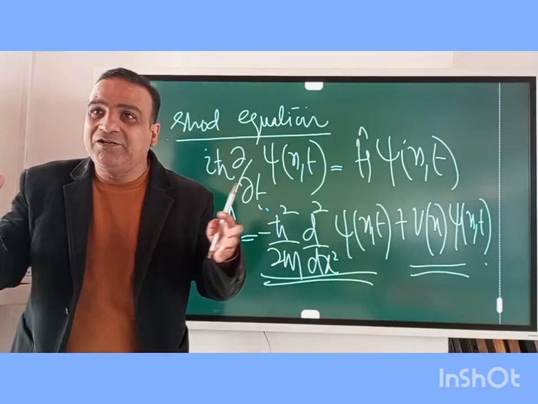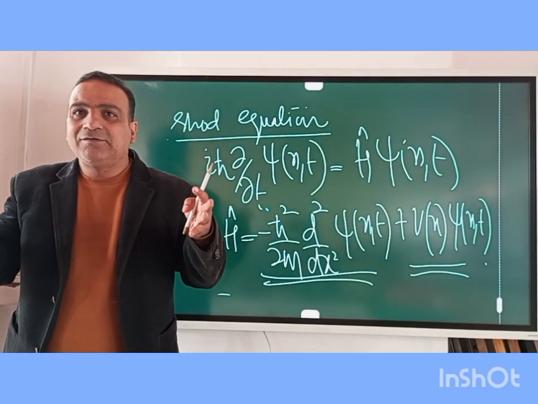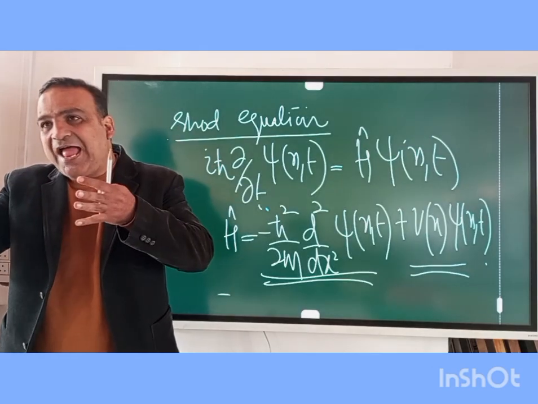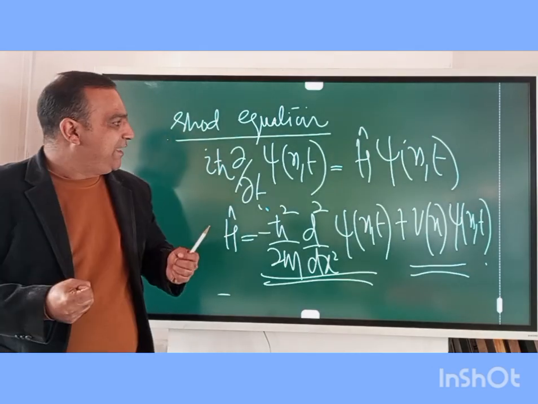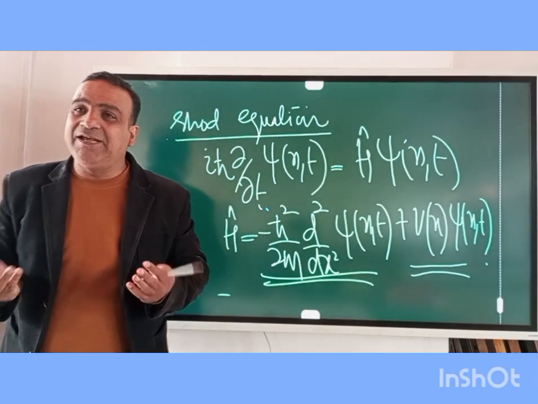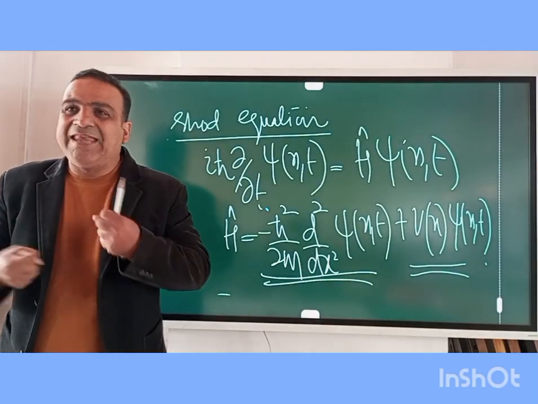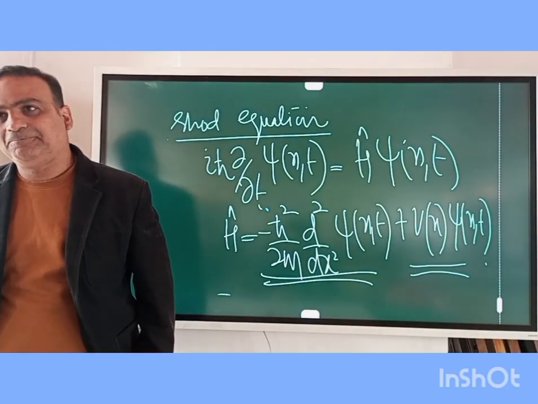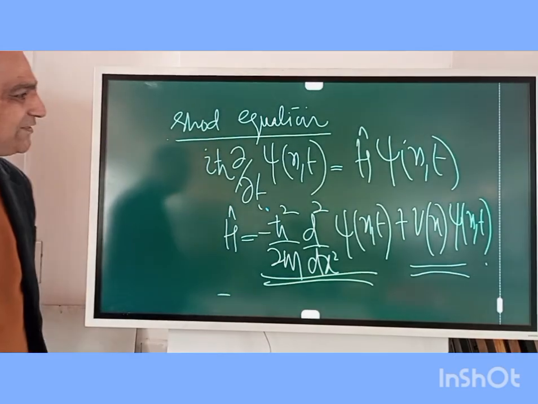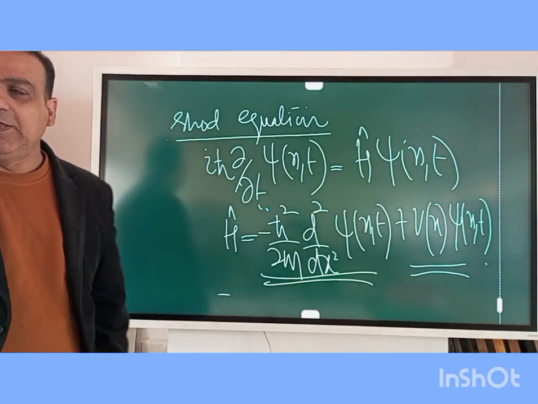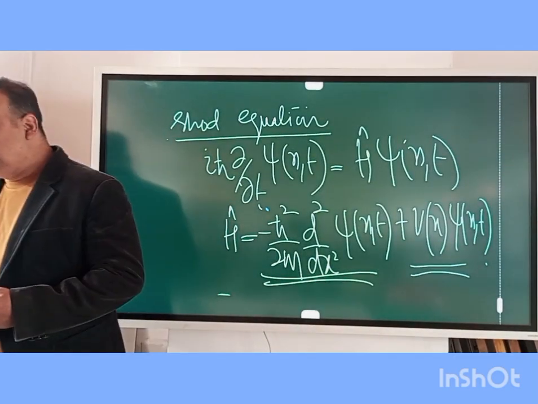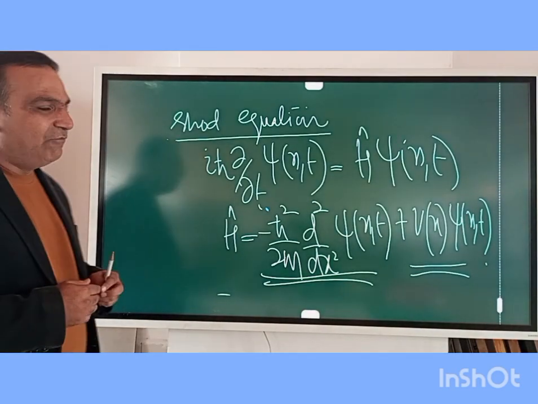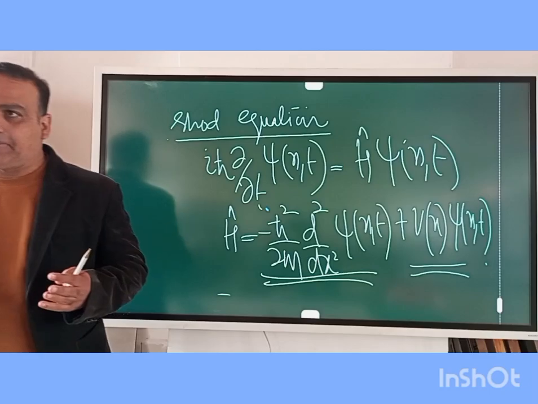You have an equation with a left-hand side that is time dependent, a right-hand side with different symmetry, and the wave function itself is an amalgamation of position and time, right? So what's the way out? What's the way out to get information from this equation? The way out can be many.